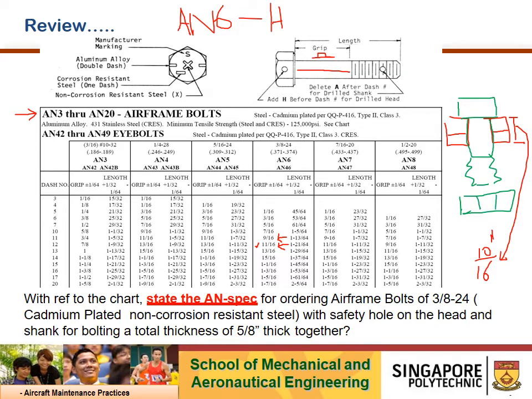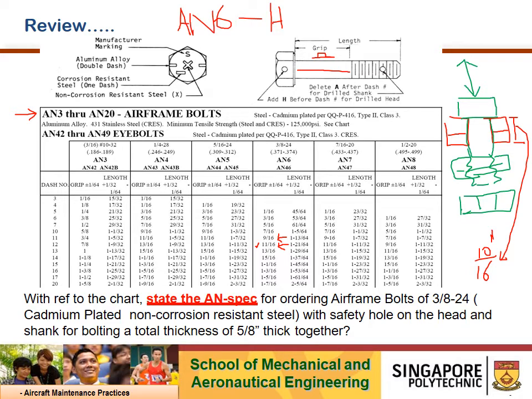The grip length of the shank is slightly less than the bearing thickness, so the clamping force will not be able to hold the two pieces together due to vibration or load passing. So the rule of thumb is always order something that is longer. Let me erase this.